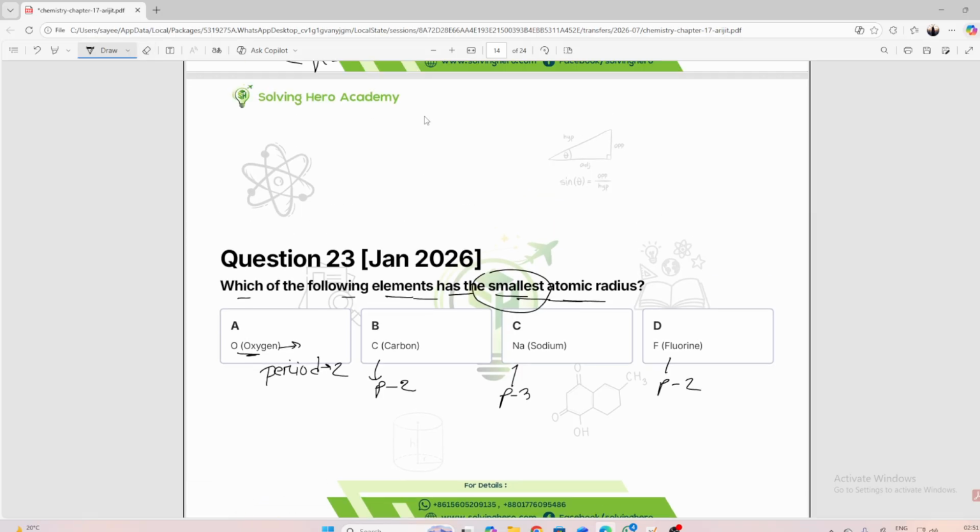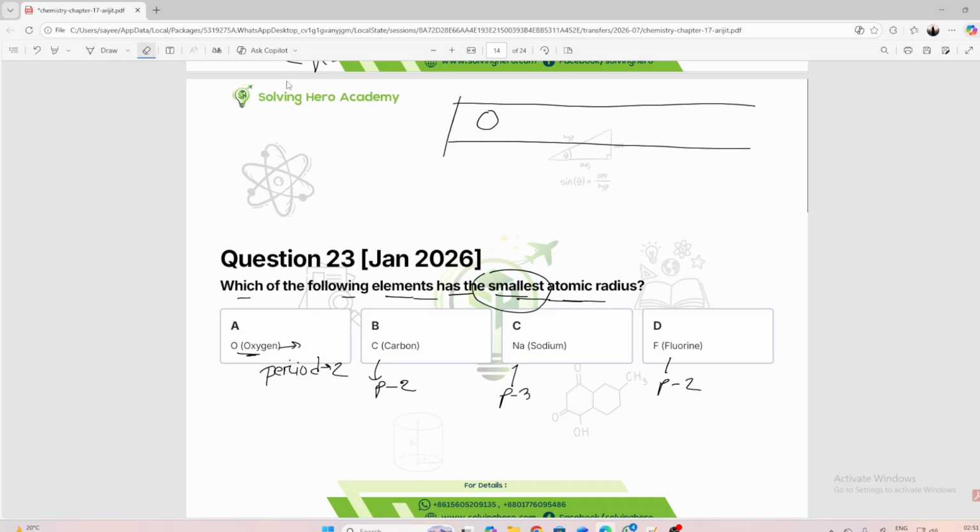Am I clear? So how do you figure out which one is the smallest? If you look at the periodic table, carbon comes first, after carbon oxygen comes, then fluorine comes.